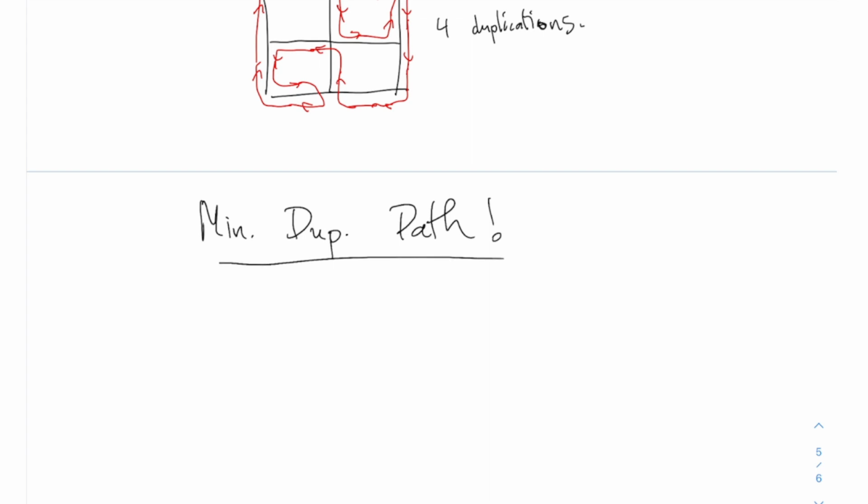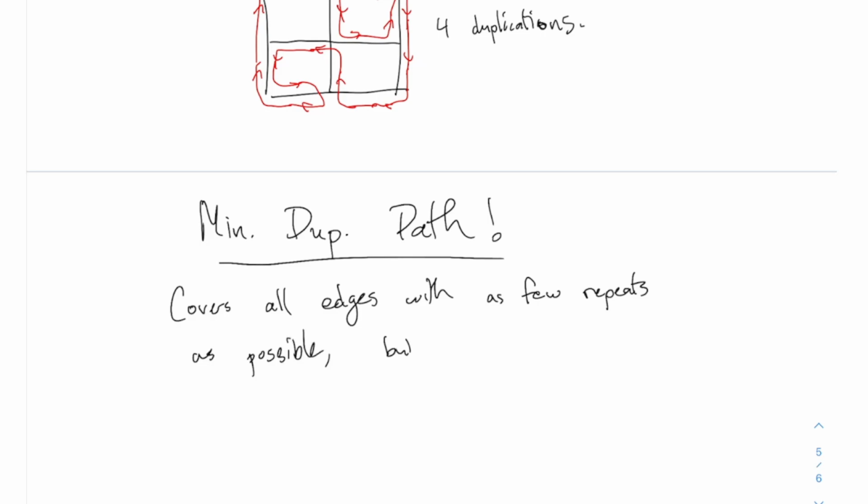So this is just like the circuits, but this one covers all edges with as few repeats as possible, but is not a circuit, so it starts and ends at different points.